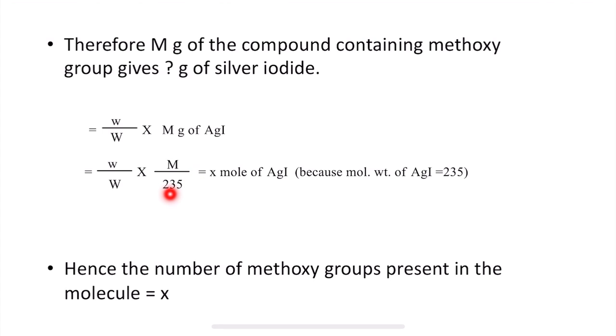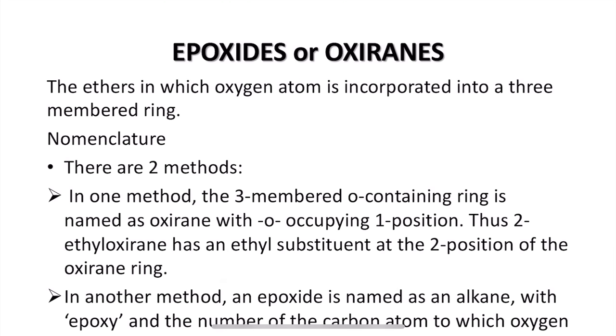This is simplified, and we know the molecular weight of silver iodide is 235. Substitute all the values and calculate, and we get the number of methoxy groups present in the molecule. In this way we estimate the number of methoxy or ethoxy groups in an ether by Ziesel's method. I am going to stop here.